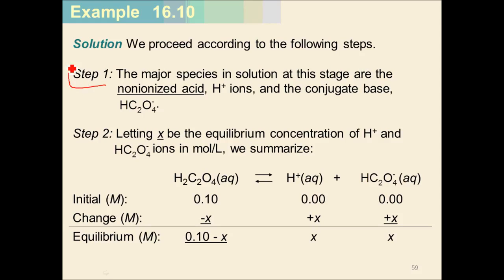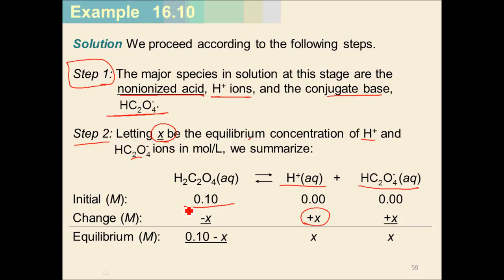Step 1, the major species in solution in this stage are the non-ionized acid, the hydrogen ions that are lost, and our conjugate base, the HC2O4 1-. Step 2, let X be the equilibrium concentration of our two products, the hydrogen ion and the HC2O4 1-. The initial concentrations are summarized in our ICE table.